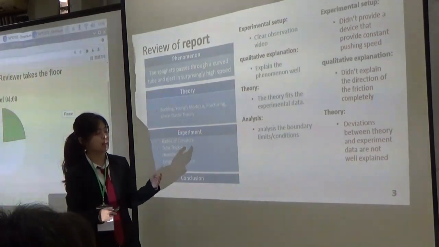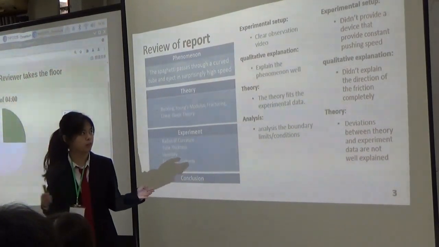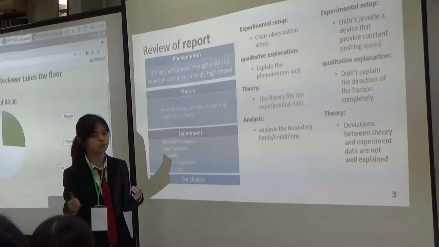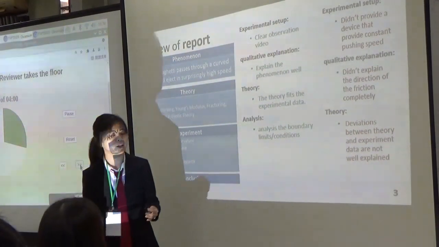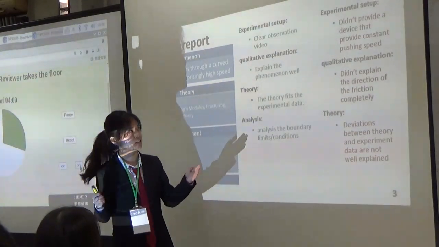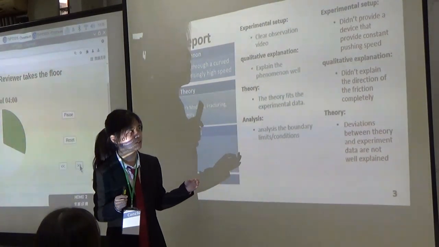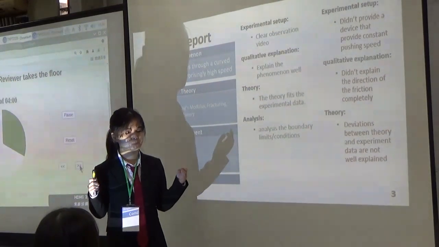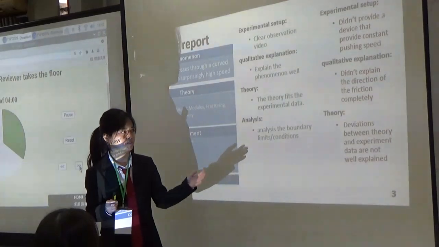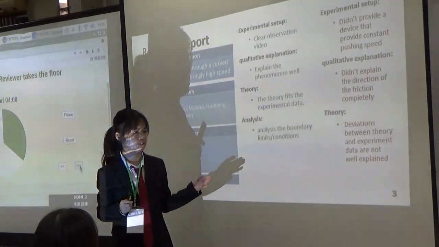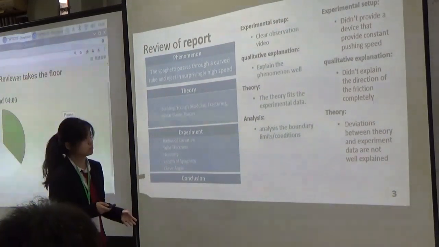They did well on providing a clear observation video, and they explain the phenomenon well, and they provide 2 theories that could explain the experimental data. But however, the reporter didn't control the pushing force, and they didn't explain the direction of the friction completely, and also they didn't analyze the deviations.